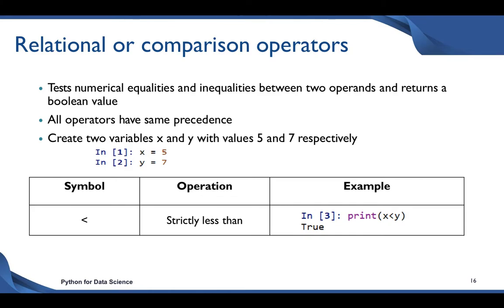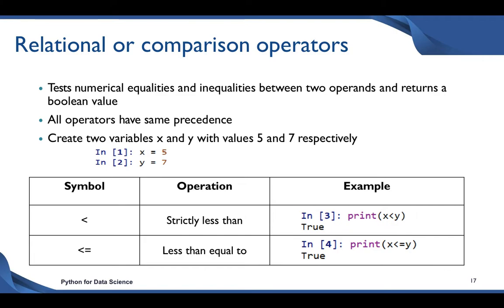So let's see this. We create two variables x and y with values 5 and 7 respectively. Here we wanted to check whether x is less than y or not. So what symbol can we use? Strictly less than, right. This is the symbol shown in this figure, which we can use to check whether x is strictly less than y or not, and the resultant would be a boolean value, either true or false.